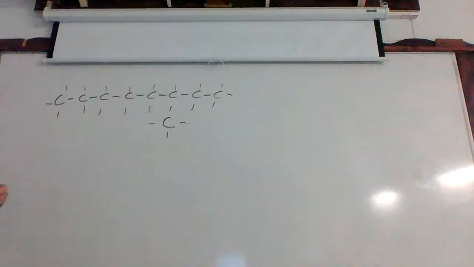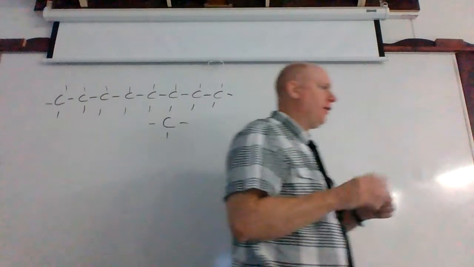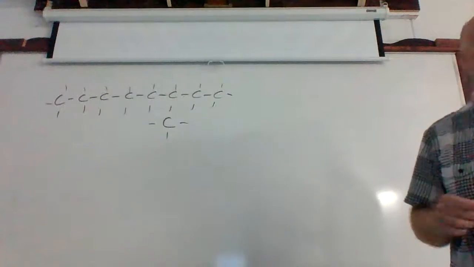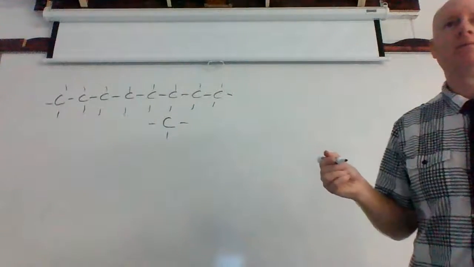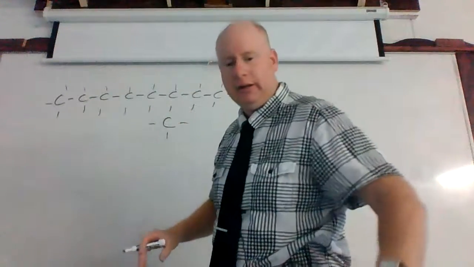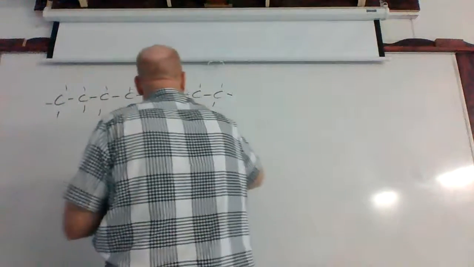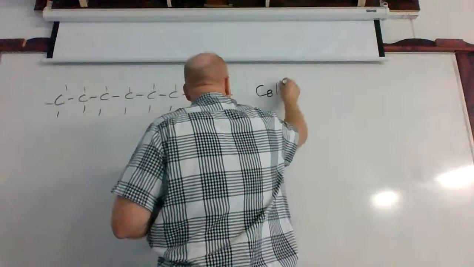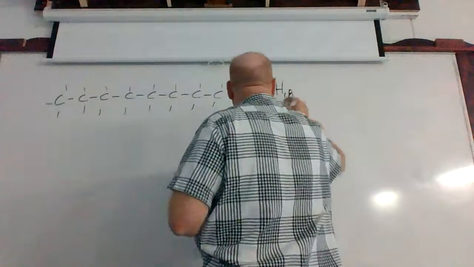No. Why? Now you got 9 carbons in there. Because remember, when you think about the true definition of an isomer, it's the same what? Same molecular formula, which if we still had just this straight chain here, we know that it's C8H18.